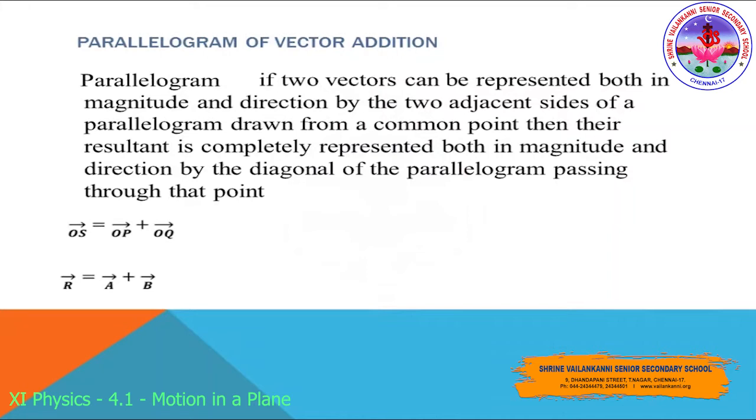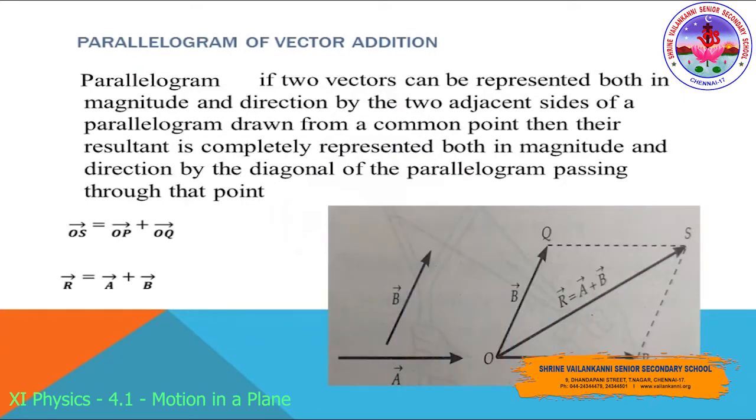The next one is the parallelogram law of vector addition. If two vectors are represented both in magnitude and direction by two adjacent sides drawn from a common point, the resultant is given in magnitude and direction by the diagonal of the parallelogram. By the diagram you can easily understand. We add A vector and B vector from a common point.